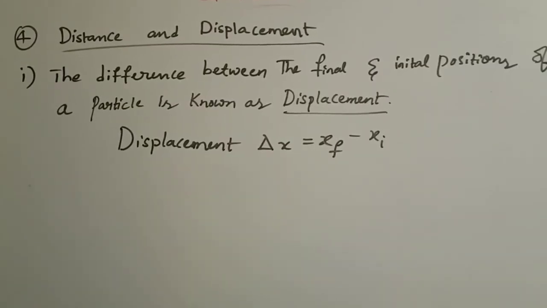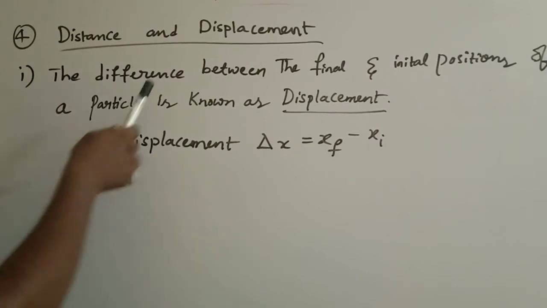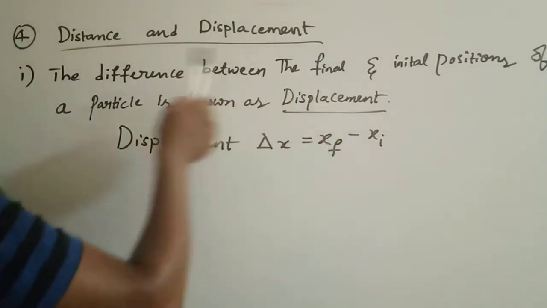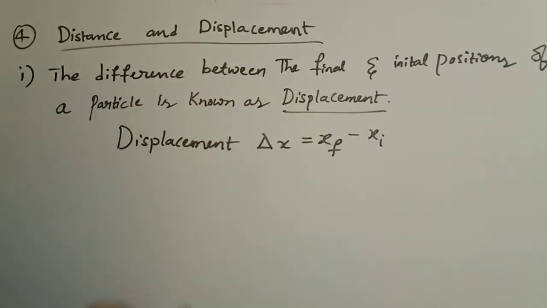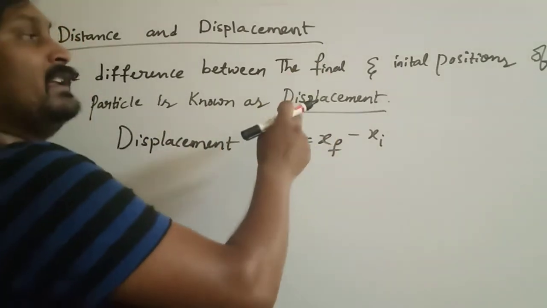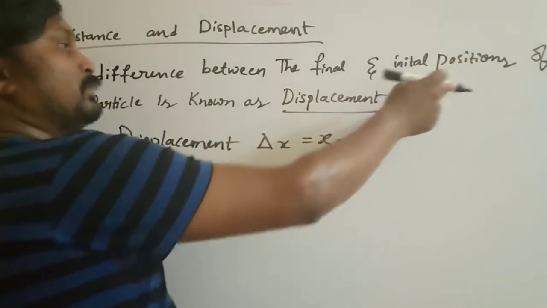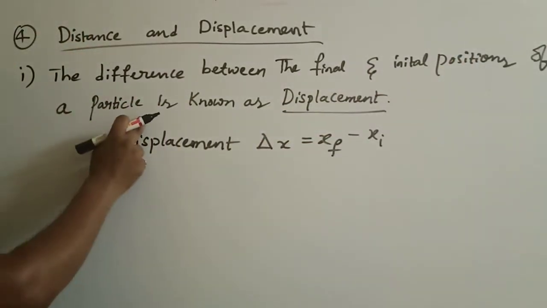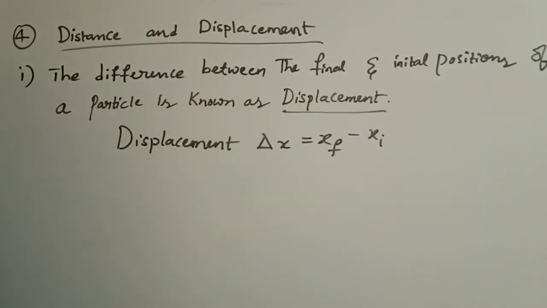This is our next point. Clearly, I was explaining what is displacement and what is distance. The difference between the final and initial position of a particle is known as displacement.